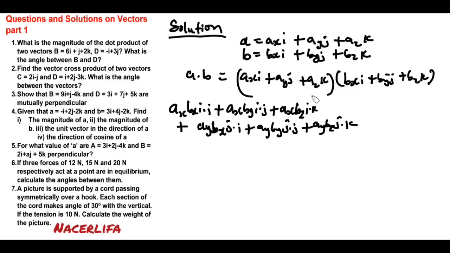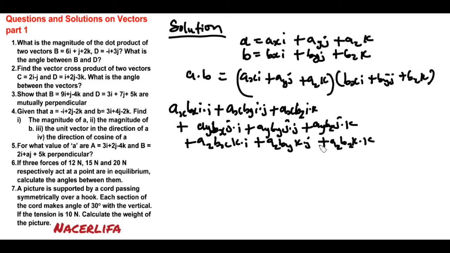Then we'll now take AZ, have AZ times BX, k dot i, plus AZ times BY, k dot j, plus AZ times BZ, you have k dot k.